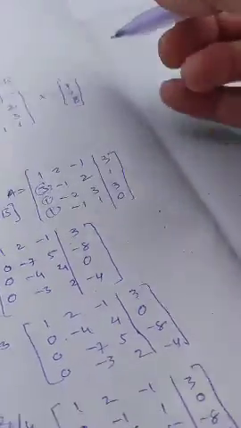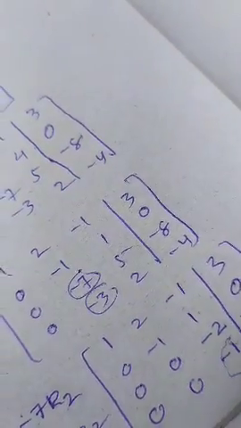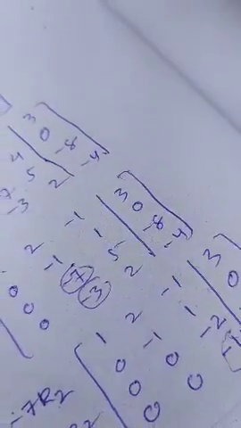Now here we have to make this element zero by using R3. So I am changing R4: I am multiplying R4 by 2 and subtracting R3.